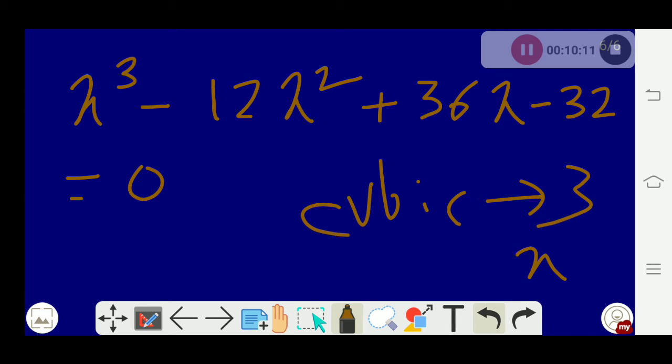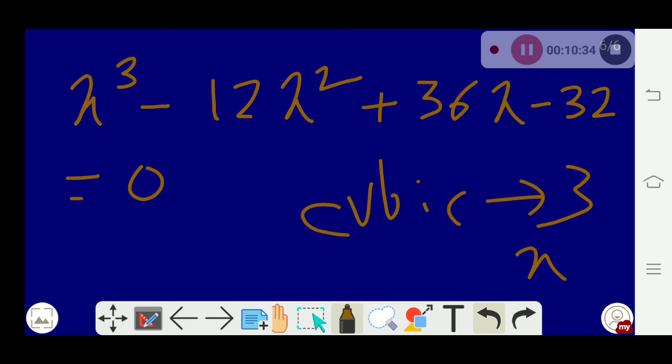It might be degenerate or non-degenerate. Degenerate means the same value, and non-degenerate means unequal values. You can get two the same and one different, or all three the same. This is an example. I don't know the solution of this problem.